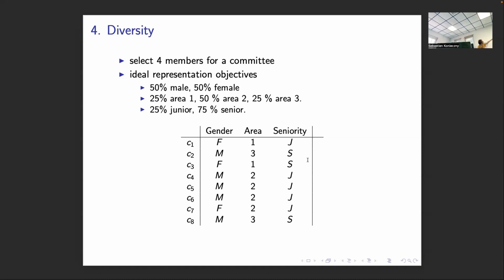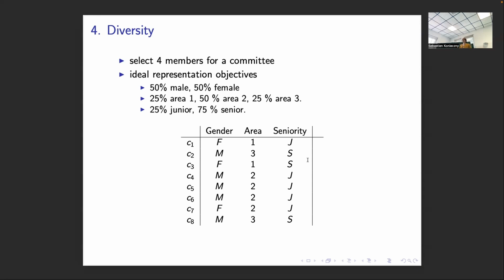Suppose that you have these constraints: exactly 50% male, 50% female, 25% in area 1, 50% in area 2, 25% in area 3, 25% junior, 75% senior. You have a database of candidates, and each candidate comes with a vector of attribute values. C1 is a female, area 1, and she's a junior, and so on. How do you find a committee?